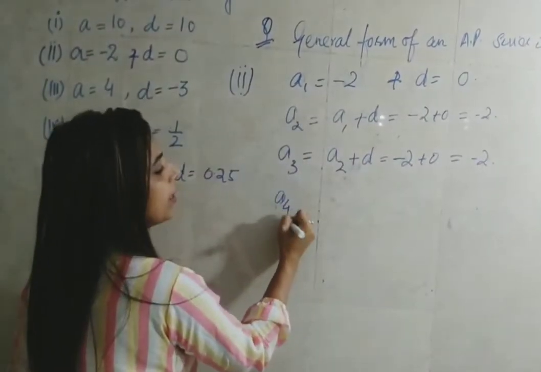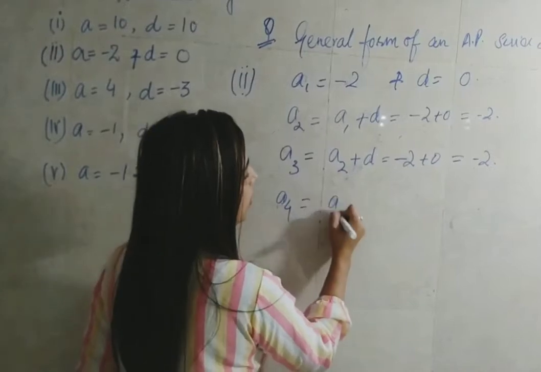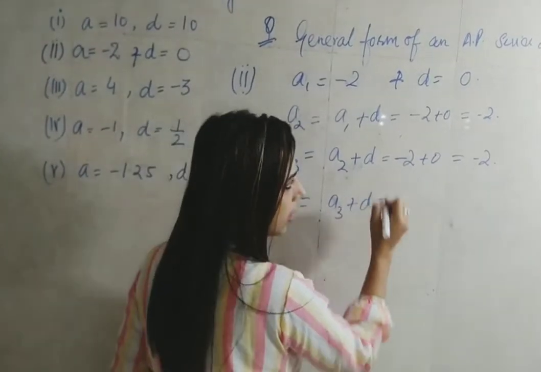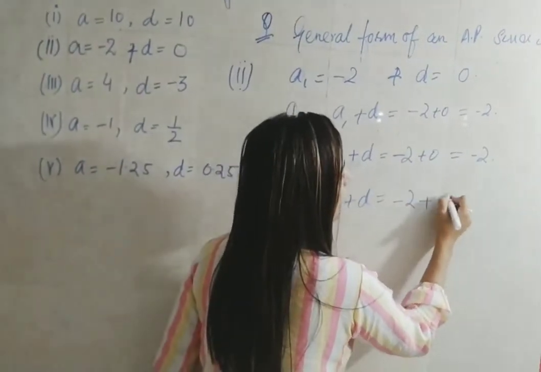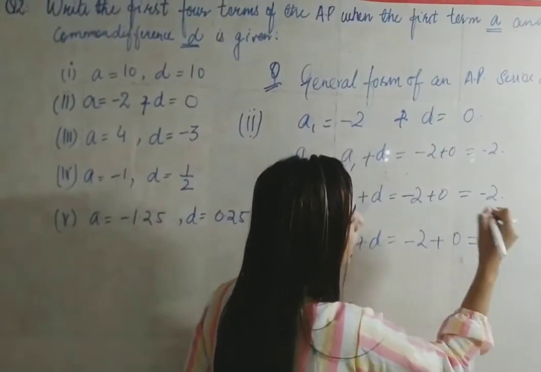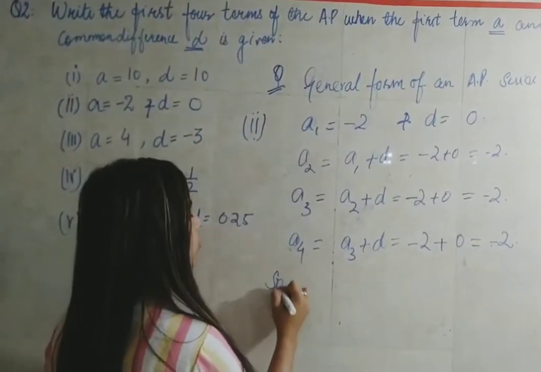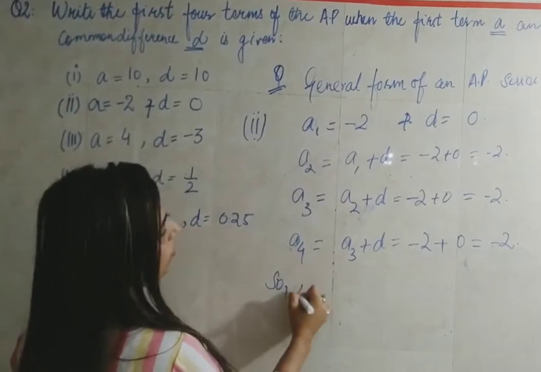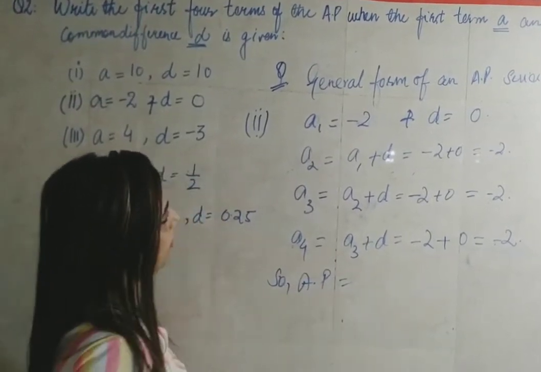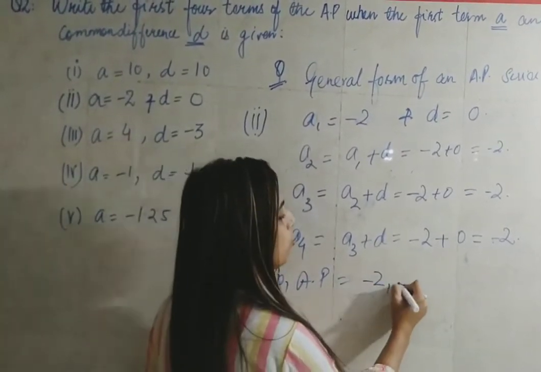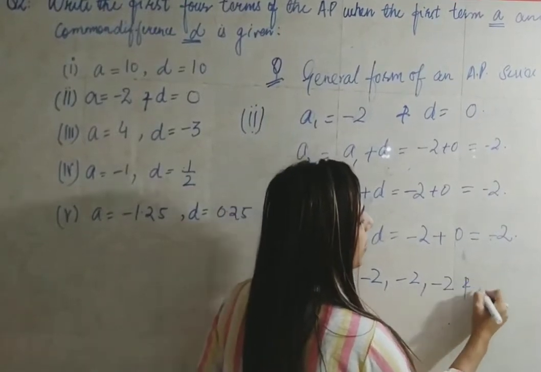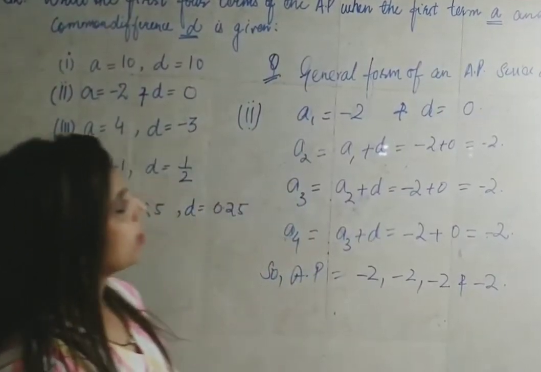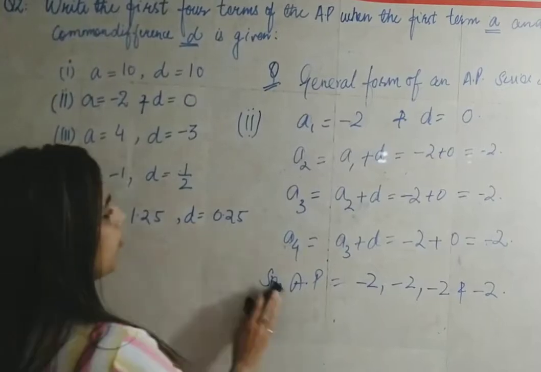And in a similar way, we can find A4, that is A3 plus D, minus 2 plus 0, which is again minus 2. So the first 4 terms of the given AP series will be minus 2, minus 2, minus 2, and minus 2. Now let's solve part 3.